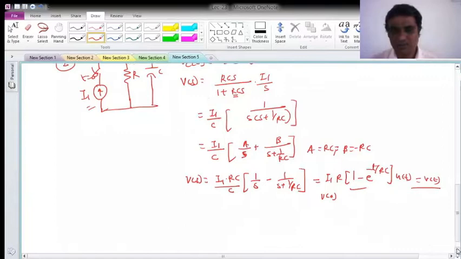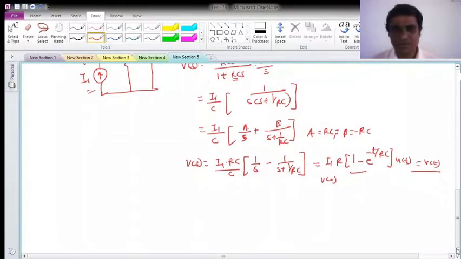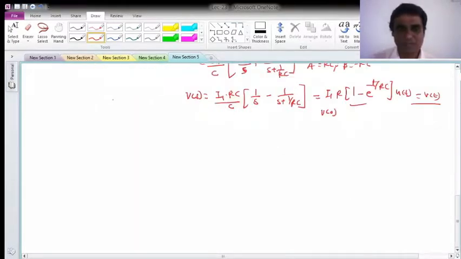Okay. Now this is for the unit step, right? Now instead of unit step, if I would like to calculate the delta response, you can differentiate it and you will get the impulse response. So for finding out the impulse response, you just differentiate the step response.